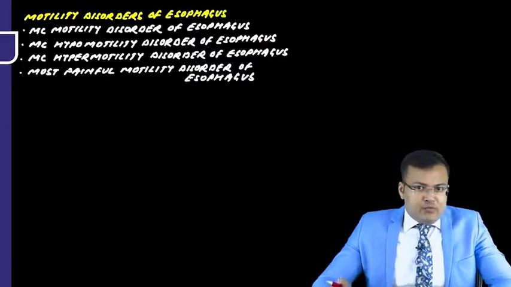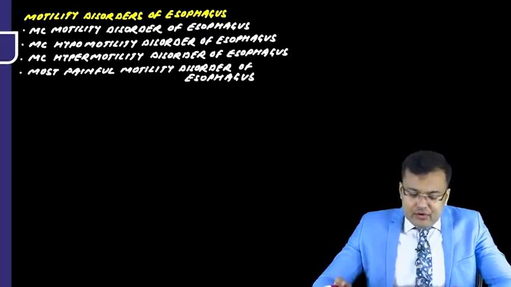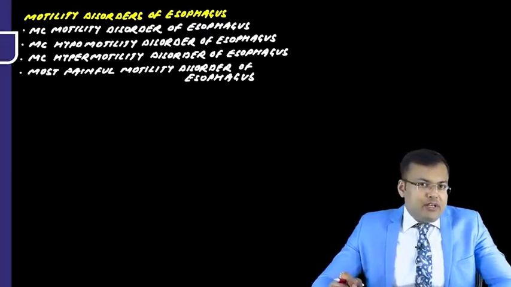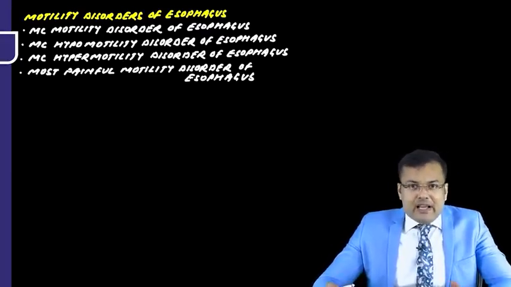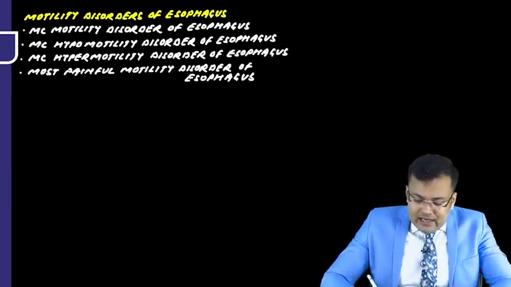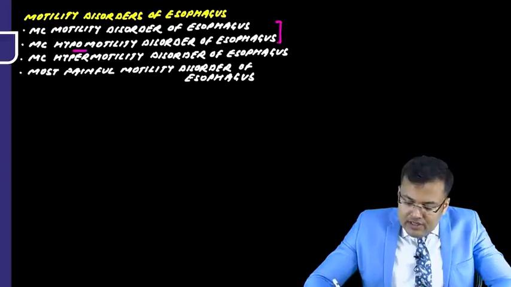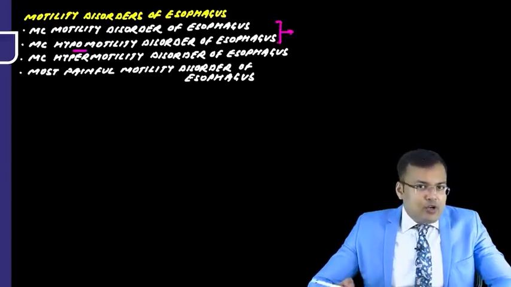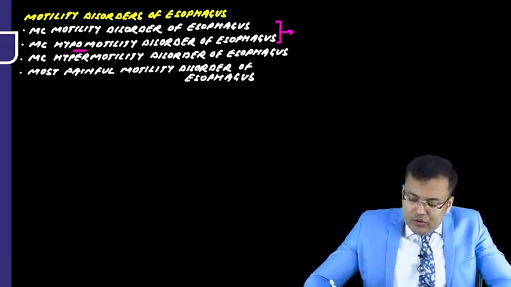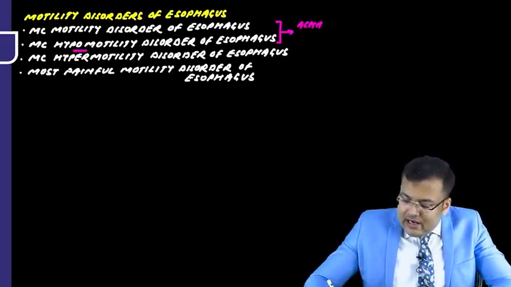Now we are going to discuss motility disorders of esophagus, and you know what is the most common motility disorder of esophagus? That is achalasia cardia, and achalasia cardia is hypomotility disorder. So most common motility disorder as well as most common hypomotility disorder of esophagus, both. In both, the answer is achalasia cardia.